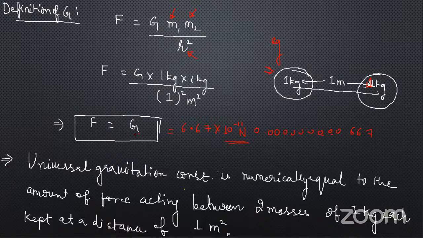So the force does not come out to be significantly big, and it is not making any impact. But there exists an attractive force between both the chair as well as me.